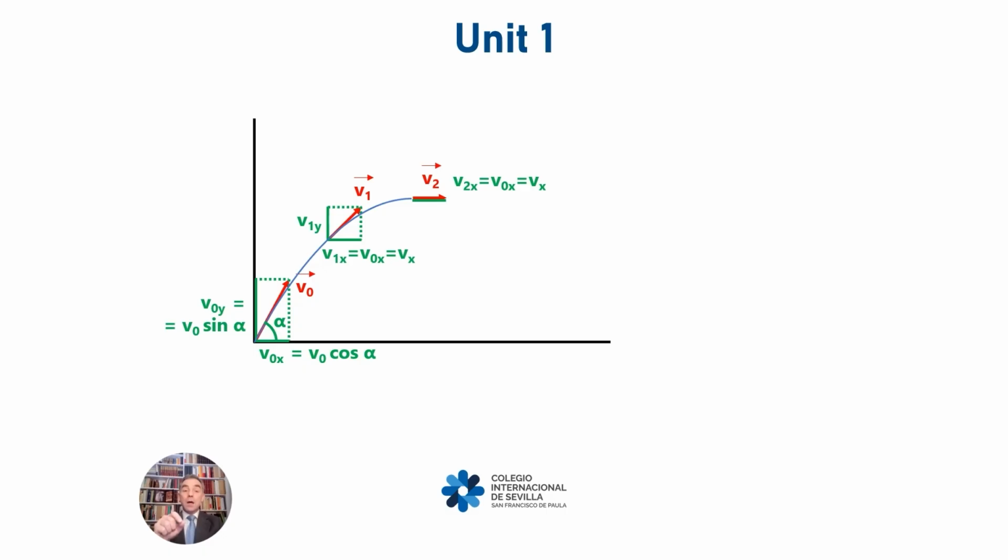And because it is horizontal, V2y equals 0, because it has no value on the vertical axis. So that's V2. We have reached the top of the motion of the parabola, and then we start moving downwards because we are still being dragged downwards by gravity.